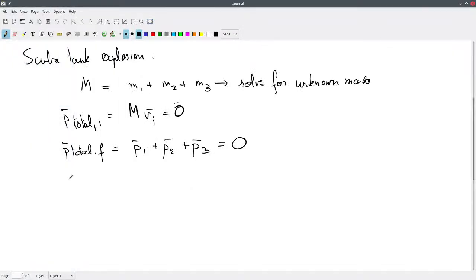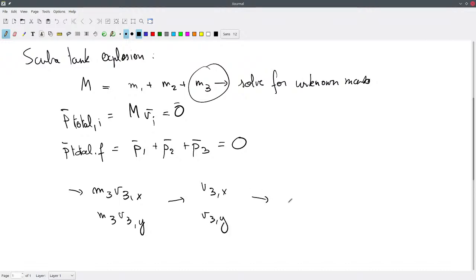So if we then find m3 v3x and m3 v3y, we can find both of those, which will then give us, if we calculate m3 from our first part, v3x and v3y, and from that we can find the angle phi, which will be the inverse tangent of v3y over v3x.